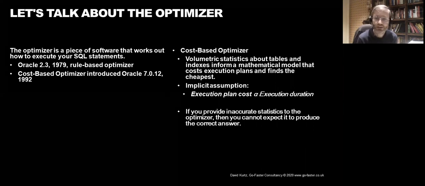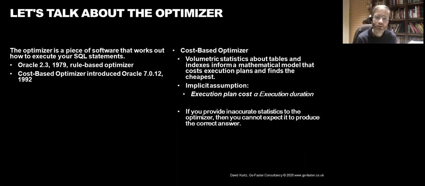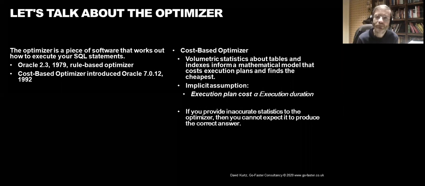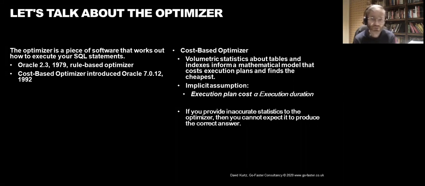That's a bit of a simplification, but that's essentially what's going on. There's an implicit assumption in all of that that the execution plan cost is proportional to the time it takes to execute that plan. And therefore, by picking the cheapest plan, it will pick the plan that takes the least time to execute.